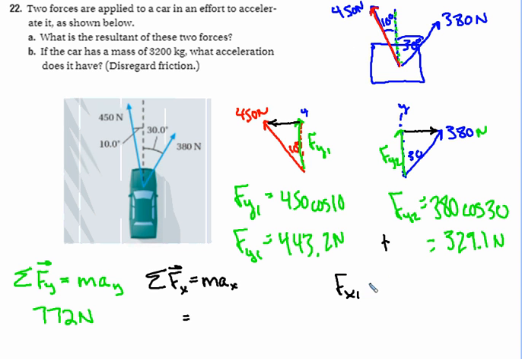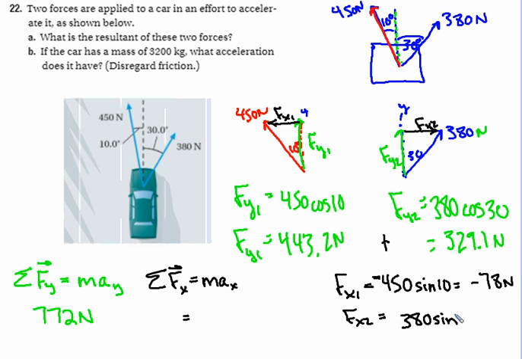So the force in the x is equal to 450 sine of 10. And I'm going to put a negative sign in front of it. And it's a 78 Newton force, but it's in the negative direction. What about the second one? That is acting in the positive direction, 380 sine, since it's the opposite side from the angle.